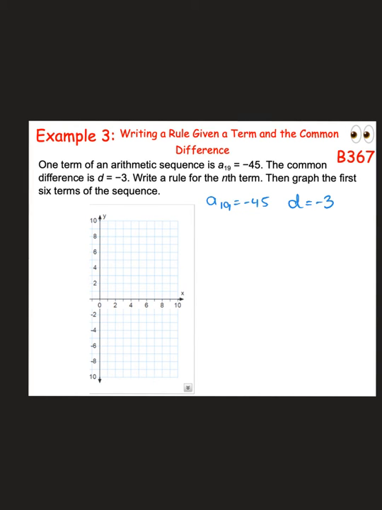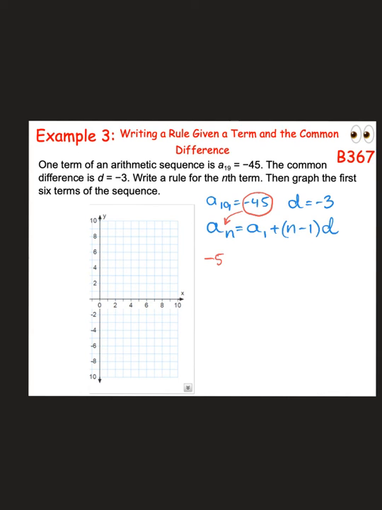So let us write the formula for an arithmetic sequence, which is a sub n equals a sub 1 plus n minus 1 times the common difference. Of this formula, we know the 19th term, which is going to replace our a sub n. So we are going to say negative 45.